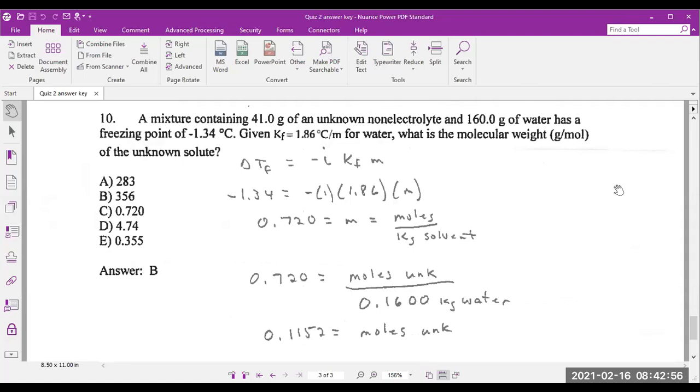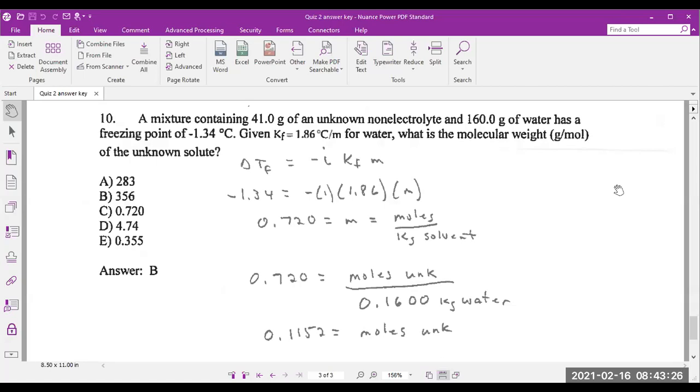We have that unknown non-electrolyte in, and it's dropped the temperature by 1.34 degrees. We're told our constant for this is 1.86 degrees C per molal for water, and we want to know what's the molecular weight of the unknown solute.